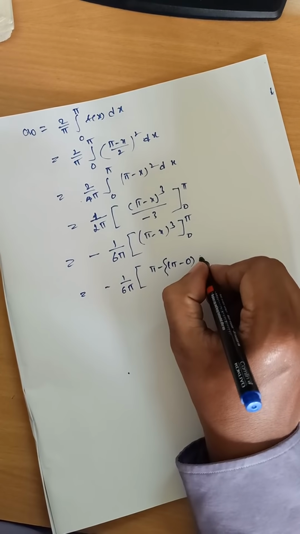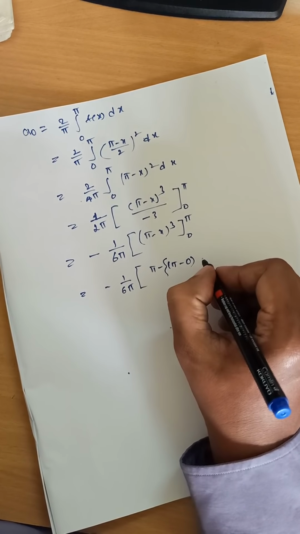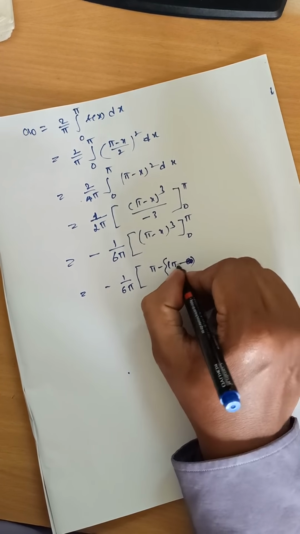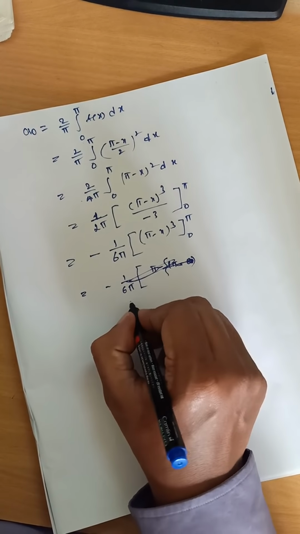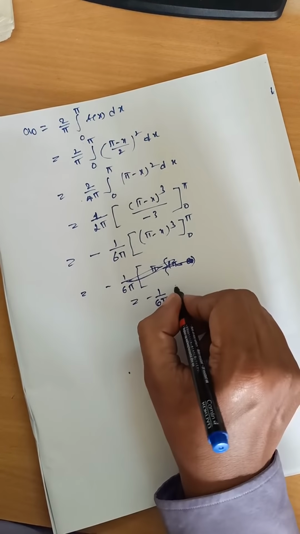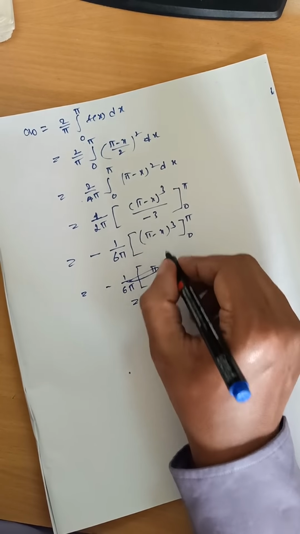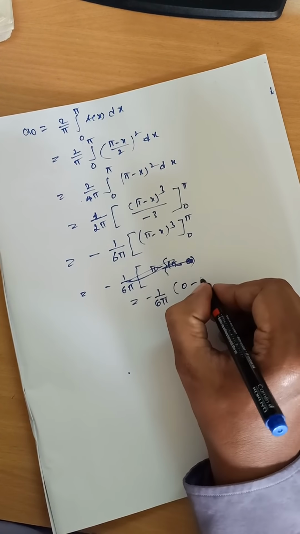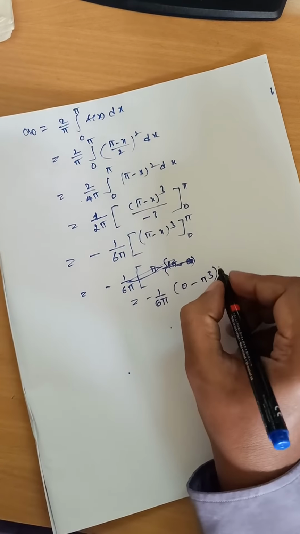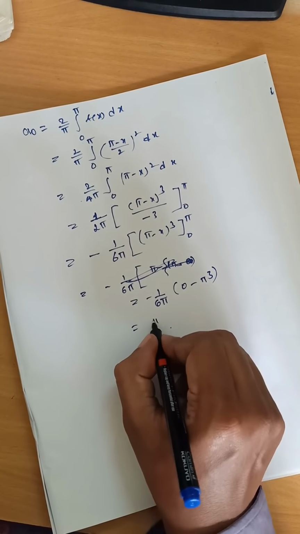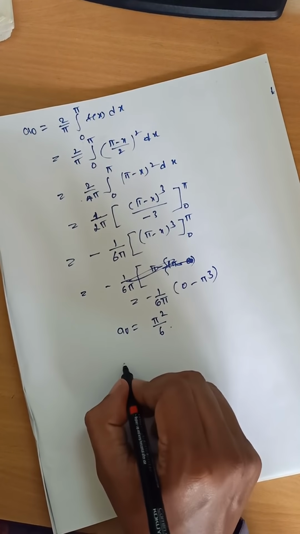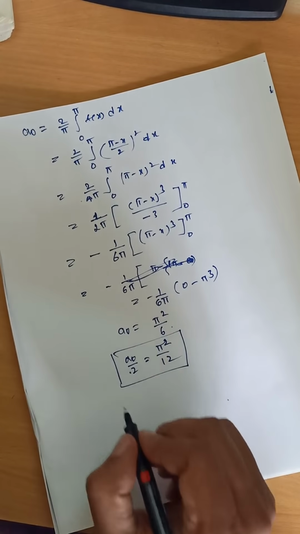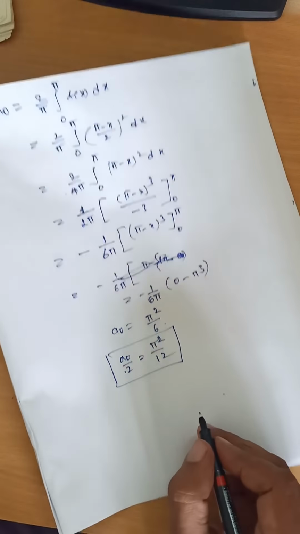You write one more step, minus 1 by 6 pi, that is pi minus pi is 0, you apply 0 for x, that is pi cube. So therefore minus into minus plus, pi cancel, pi square by 6 is a naught. We want a naught by 2, pi square by 12. So this is the required a naught by 2.